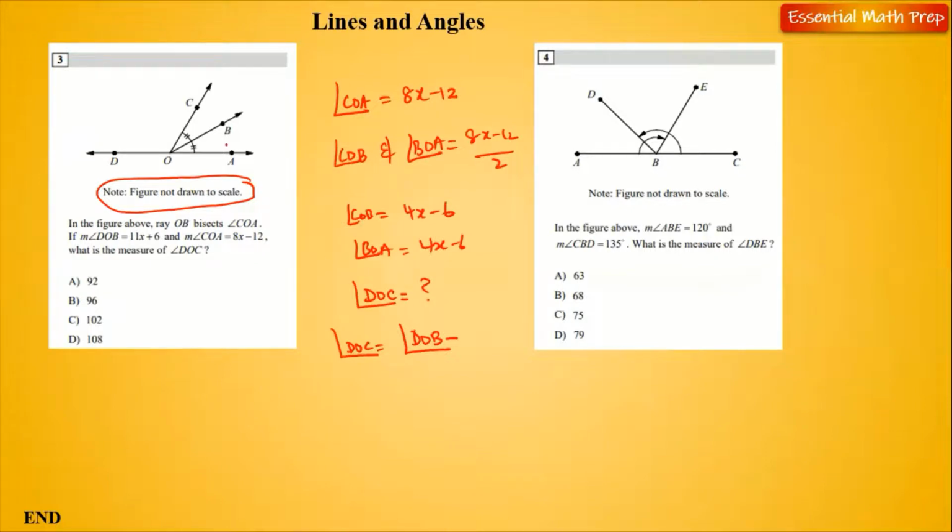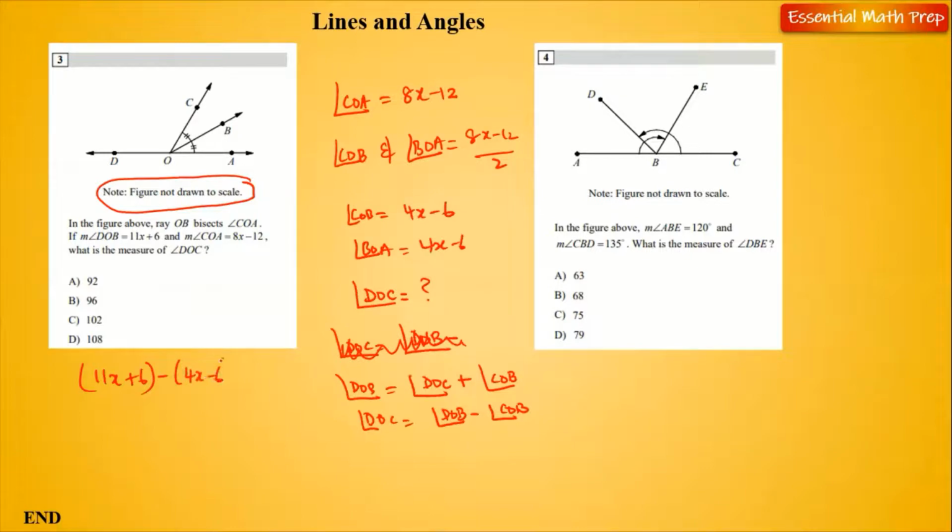Let's write it the other way around so it may make sense to some of you. Angle DOB equals angle DOC plus angle COB. And since we want to know angle DOC, it's angle DOB minus angle COB. Angle DOB is 11x plus 6, minus 4x minus 6.